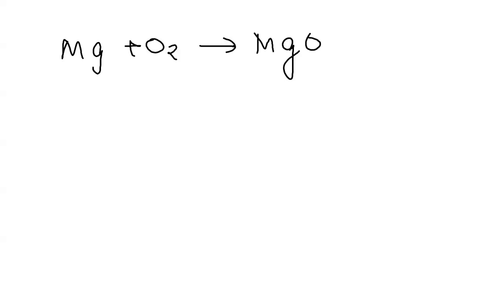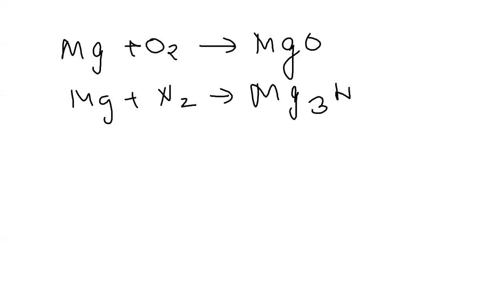And whenever any metal reacts with oxygen, it will give us MgO, MO type oxides. And here we will see that if it combines with nitrogen, it will give nitride, magnesium nitride, Mg3N2.